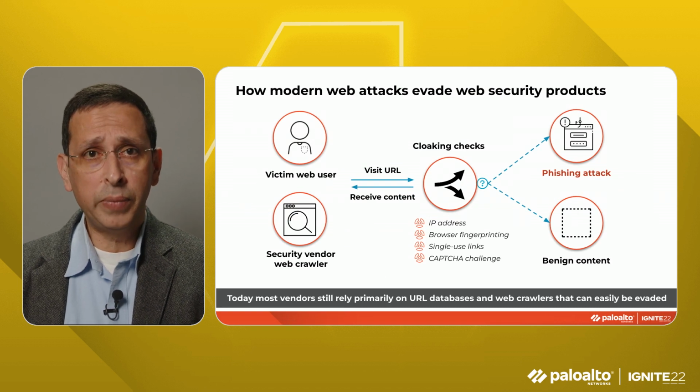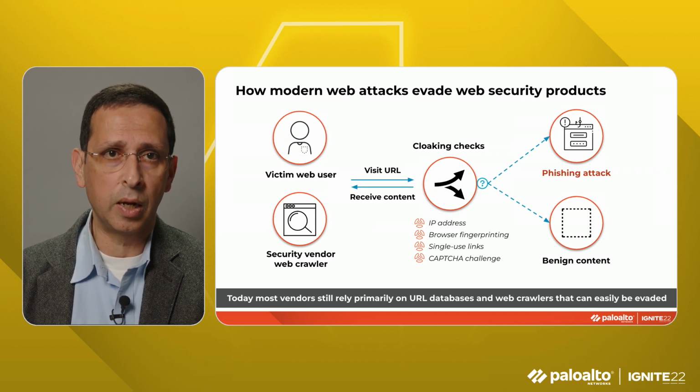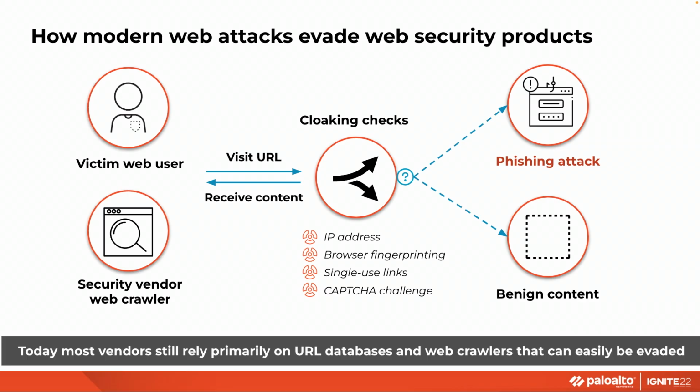The bad actors have been very smart in how to evade defenses that companies have deployed. The hackers understand how the URL databases are created and leverage a number of evasive cloaking techniques. The security vendors, including us, typically have automated web crawlers that crawl the websites, download the content, analyze and categorize the URLs.